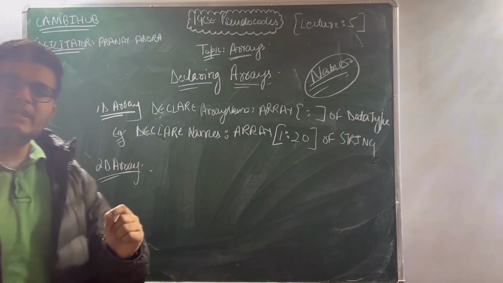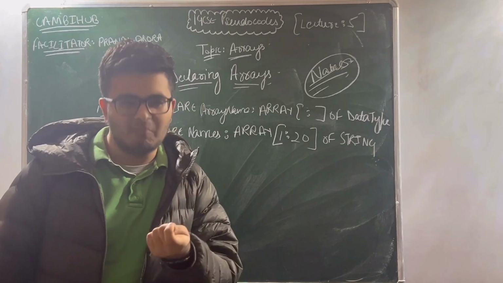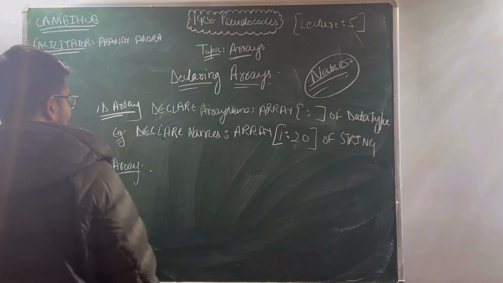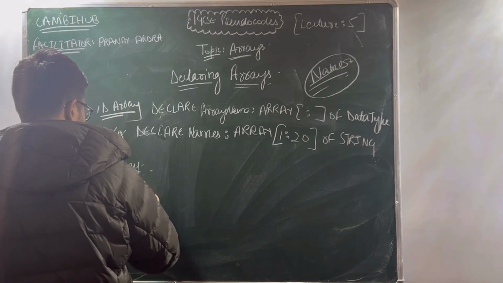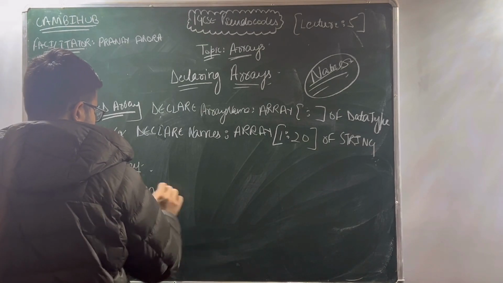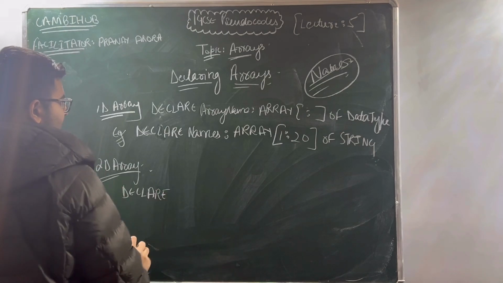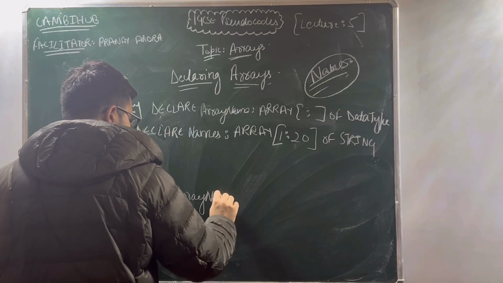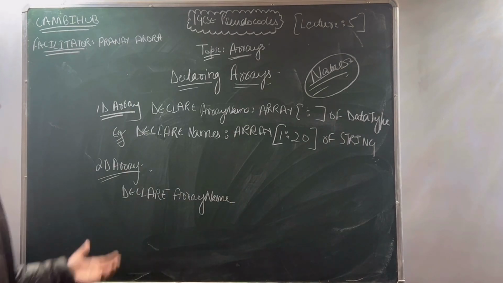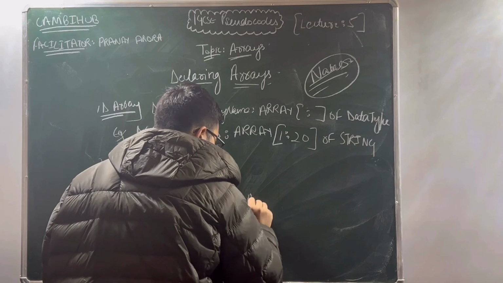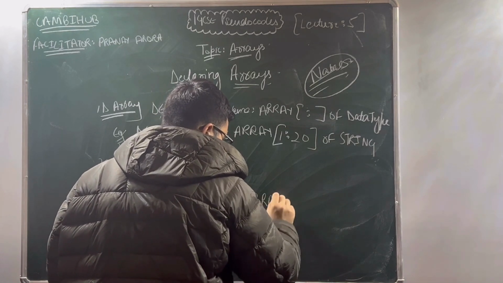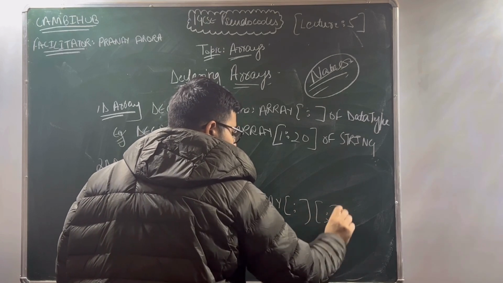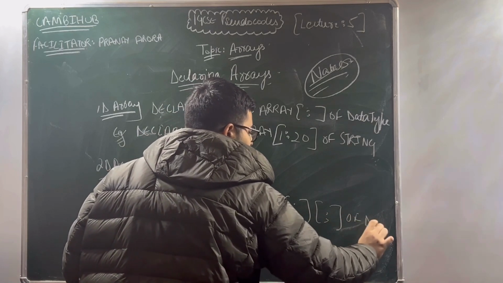Now when we have to declare a 2D array, things get a little bit complex. Let's see how you would declare a 2D array. The general format is: DECLARE array name, the name of your array, ARRAY in capitals, range for row, range for column, OF data type.